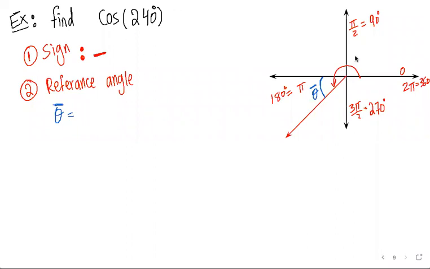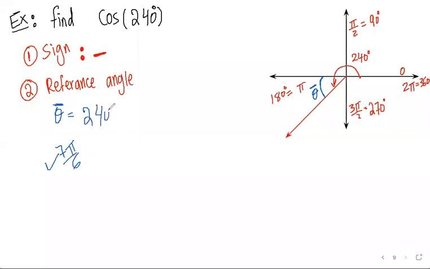I know 7 pi over 6 is 240. Can you do it in degrees? Because my question here is in degrees. So the angle from this point to my terminal side is 240.